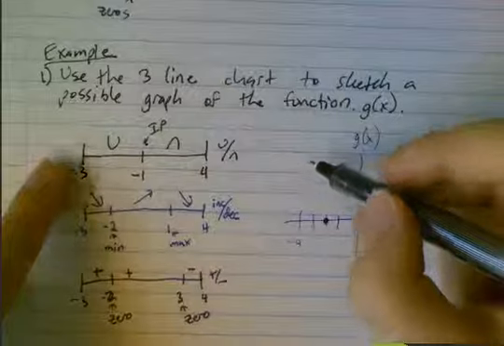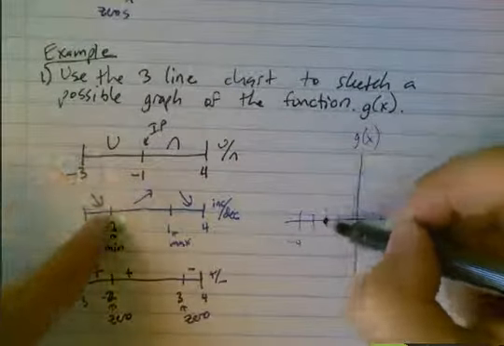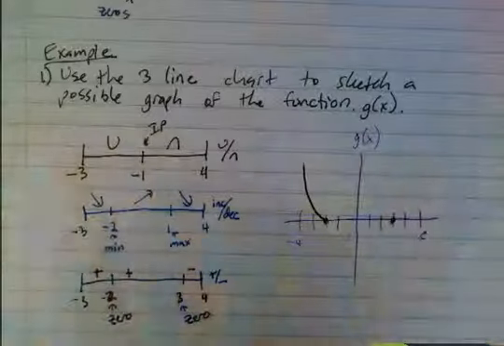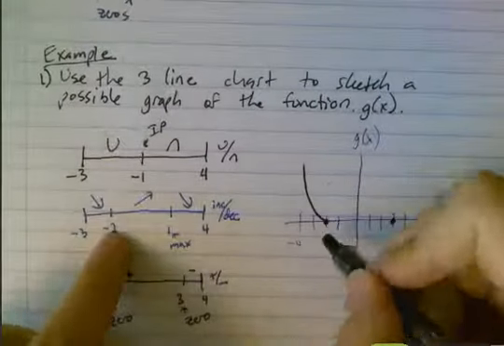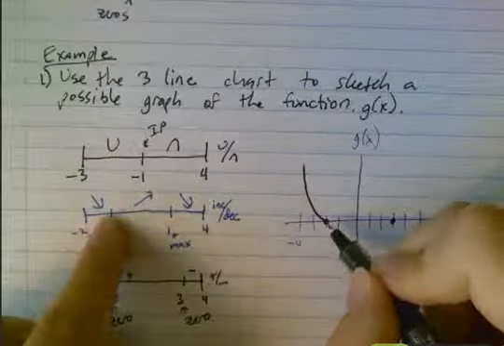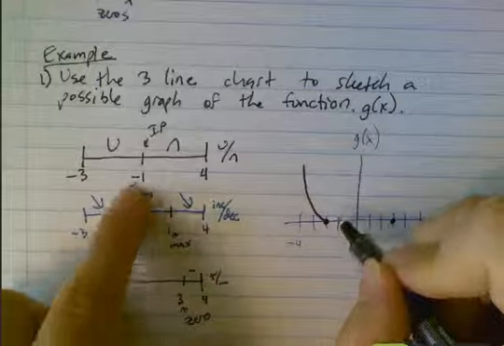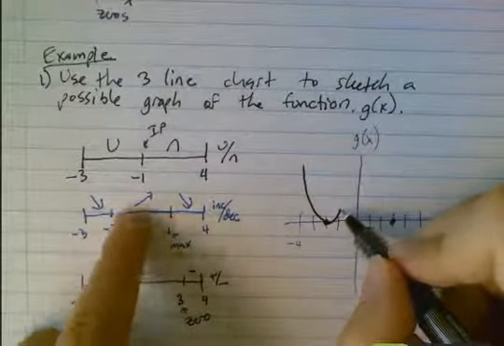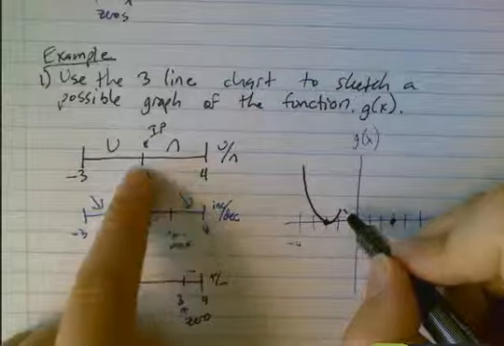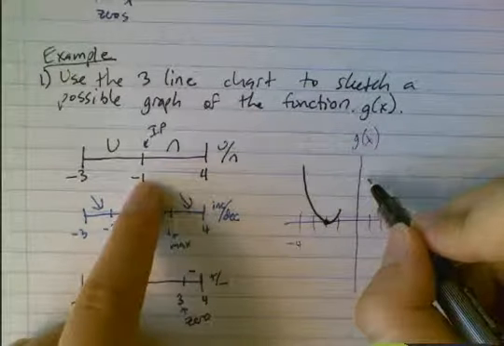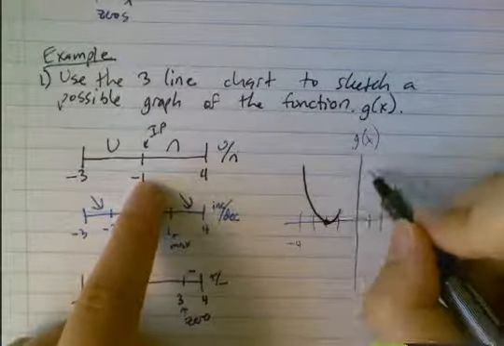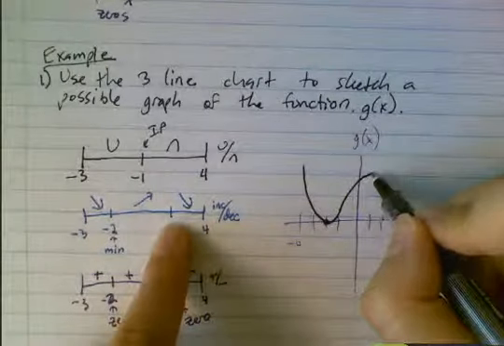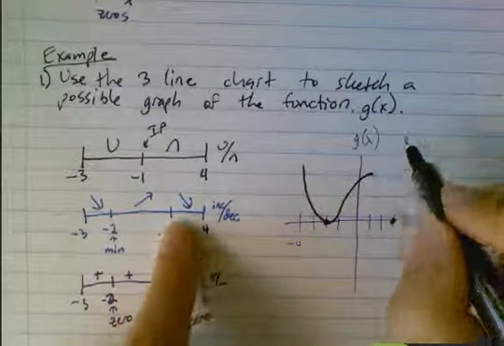So when we put it all together, we should have sort of a cup shape here, down to this minimum. And then we still have a cup shape, but it's going up instead, up until -1. And then at -1, we're still going up, increasing, but there's an inflection point. So now I've got a dome shape. So we're going to have a dome shape like that, up until 1, where we've got a maximum.